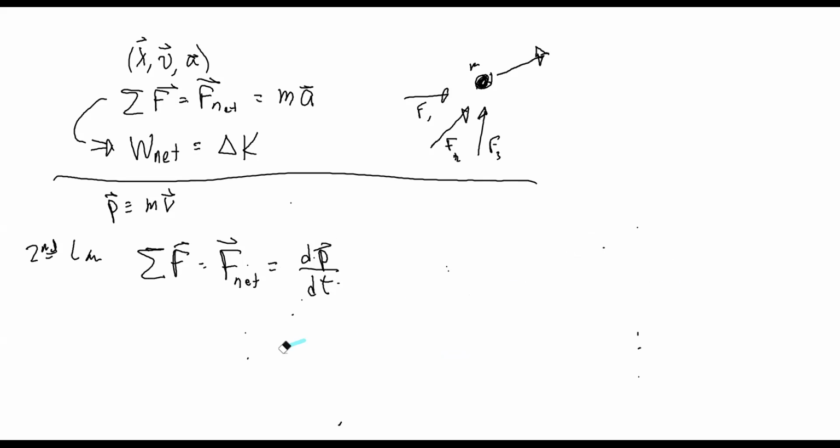So if the mass were not constant, we'll have a product rule here. The second term in the product rule will be ma, the old ma. The first term, okay, let me go ahead and just do it: dm/dt v plus m dv/dt.